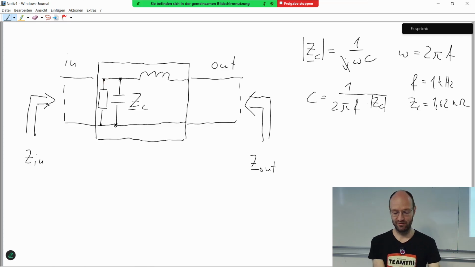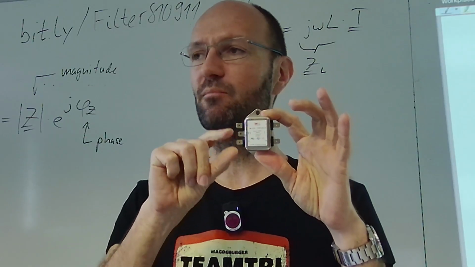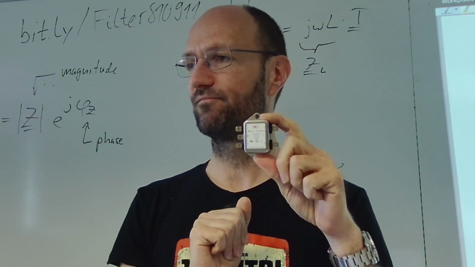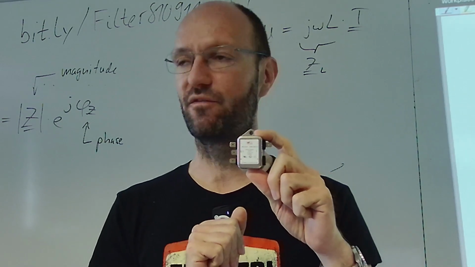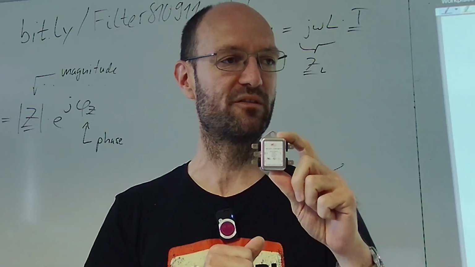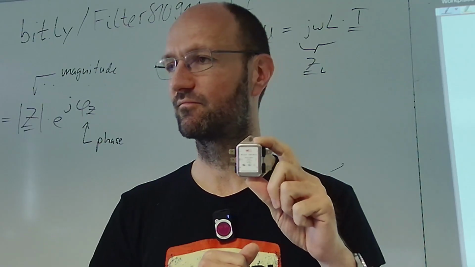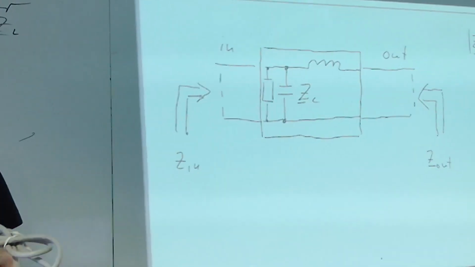Can you imagine why in this filter, this is the input side, why there is a resistor on the input in parallel to the capacitor? What might be the useful purpose of having a resistor there in parallel to the capacitor? I mean, here there's some power cable.